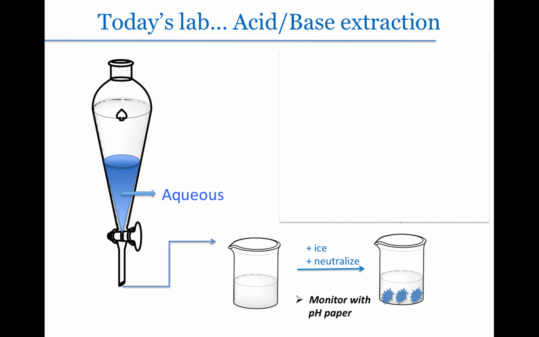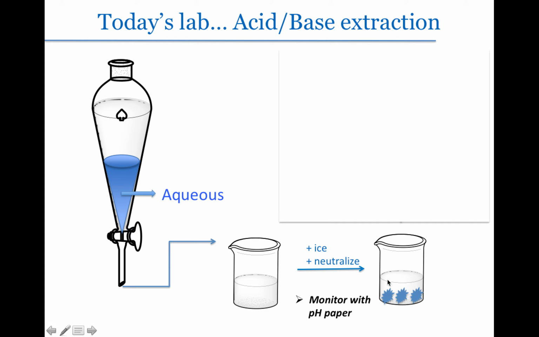The second part of the workup is the aqueous layer. If you did the base extraction, you have the aqueous form, the charged acid, benzoic acid for example. You have to neutralize it, and because neutralization is exothermic, place it in an ice bath and monitor with pH paper to see if it's neutral or not.